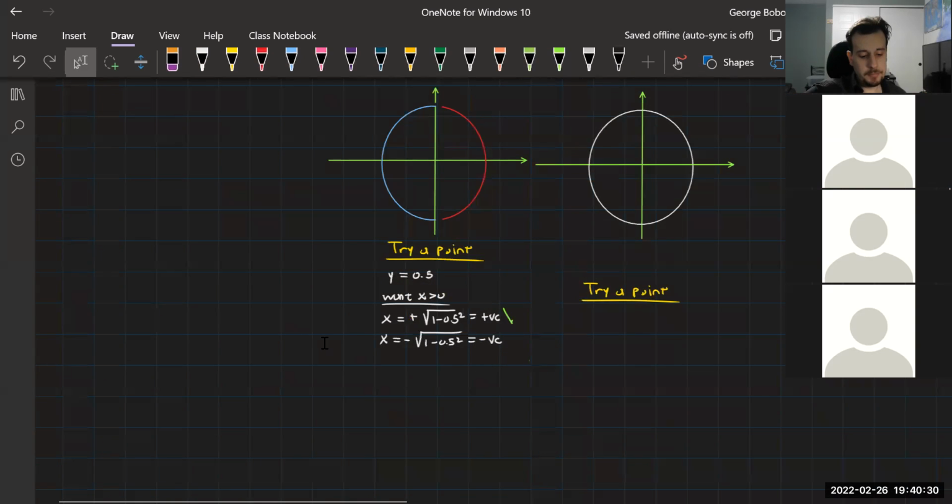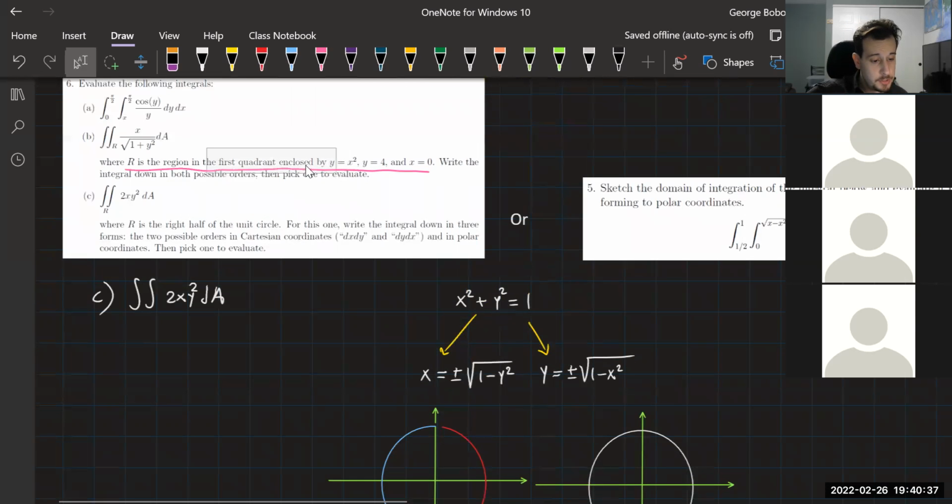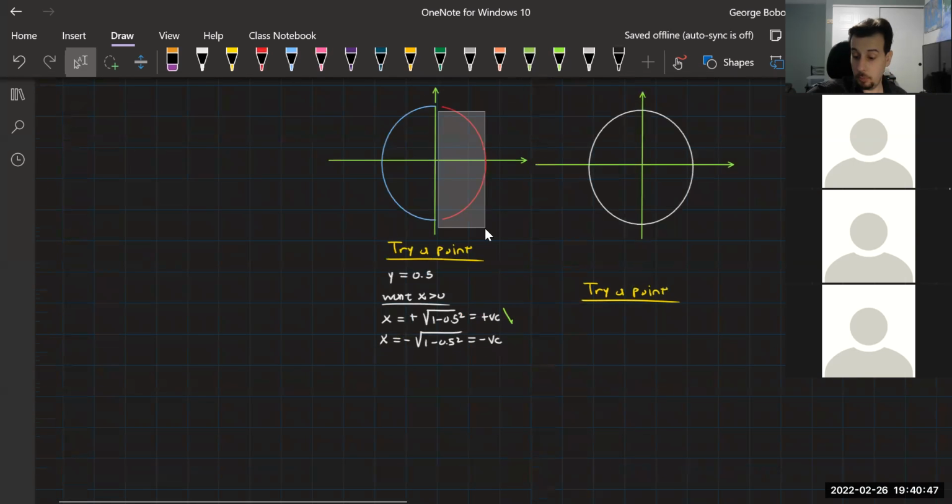So we try to point, and if I want to be at the right, it says here, the right half of the unit circle. So this bit, right? We want this bit. We got to be careful because that part, we proved the positive part has an x greater than 0.